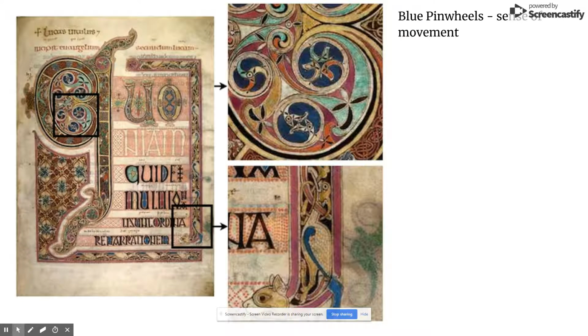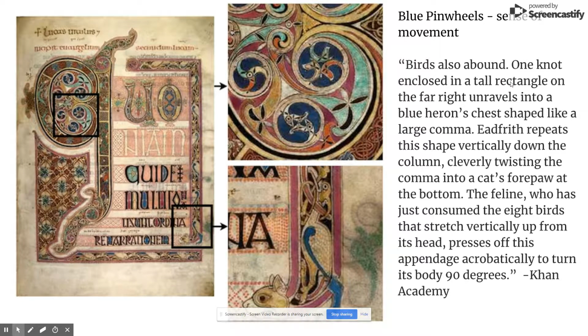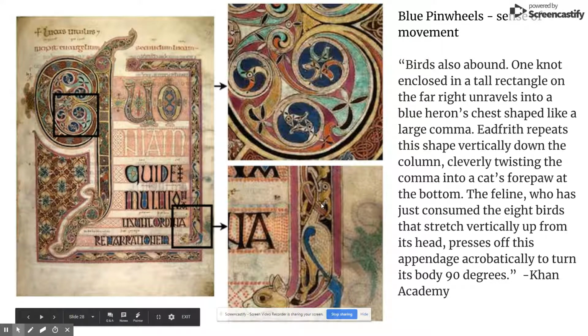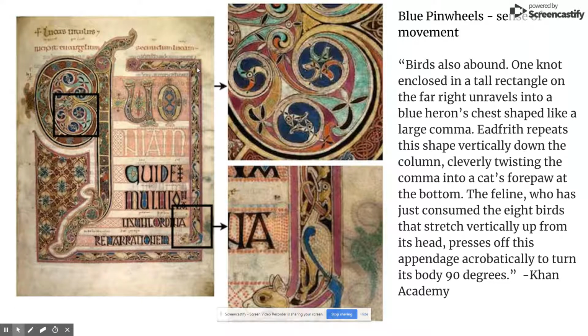There's a lot of suggestion of movement here. So yeah, lots of birds. We've got a blue heron with a shape that goes all the way up the 90 degrees of the border of the text. Really quite beautiful and impressive. Oh my gosh, the man hours that must have gone into the creation of this piece.